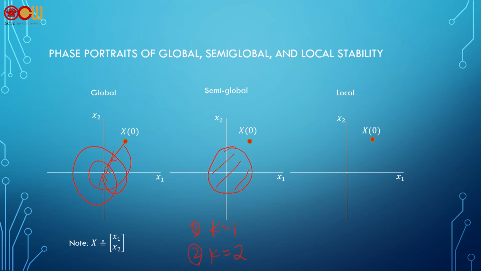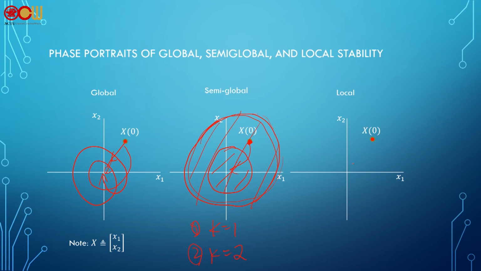You can increase k to 2 to enlarge the domain of attraction. Then you cover this initial condition, because you increased the control gain k. So this is now included in the domain of attraction, so it can converge to the origin. The size of the domain can be controlled by the control gain. So this is semi-global.